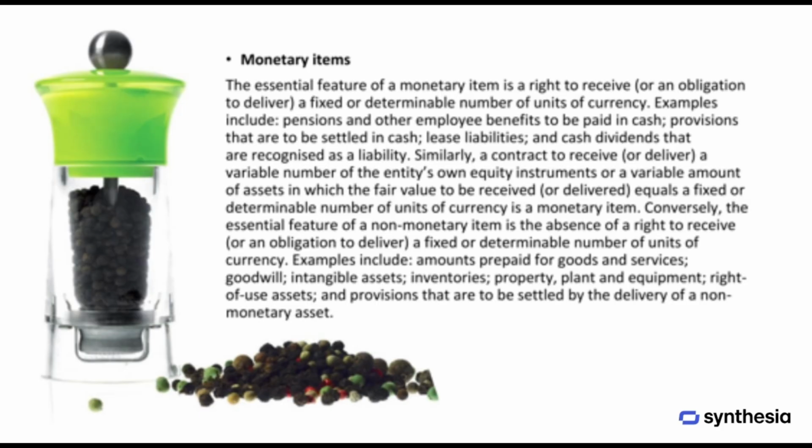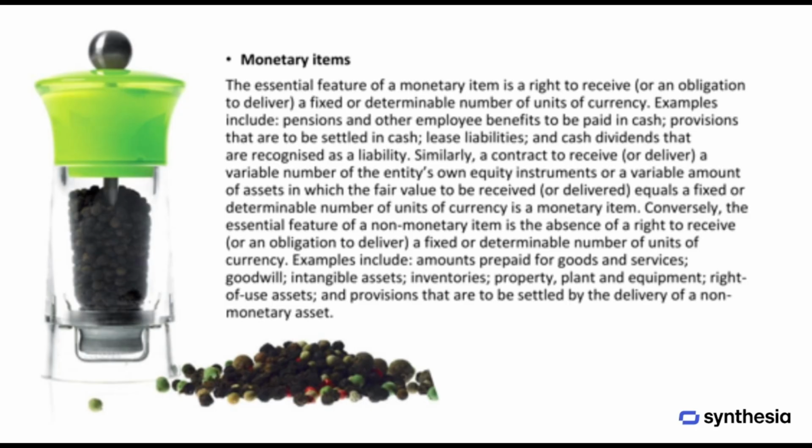Monetary items are assets or liabilities involving a right to receive or an obligation to pay a fixed or determinable amount of currency. Examples include pensions and employee benefits payable in cash, cash-settled provisions, lease liabilities, and recognized cash dividends. Also, contracts to receive or deliver a variable number of an entity's own equity instruments or variable assets with a fair value equivalent to a fixed or determinable currency amount are monetary items.